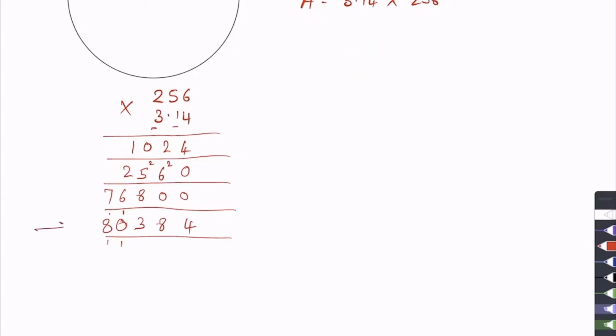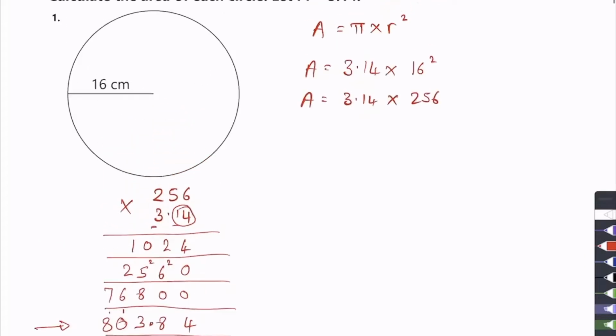Only when you get to this line here do you look at the decimal. And I can see that there are 2 numbers after the decimal point in total in the whole question. Therefore, I go back 2 spaces and I place the decimal point there. So my area will be 803.84. And the area is always given in square units, so centimeters squared.